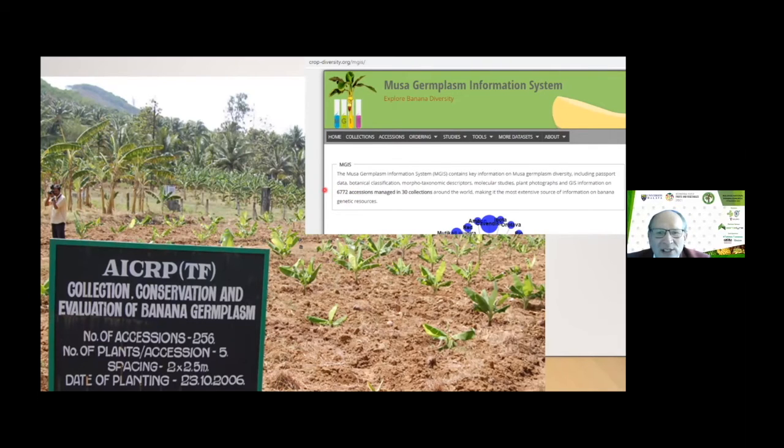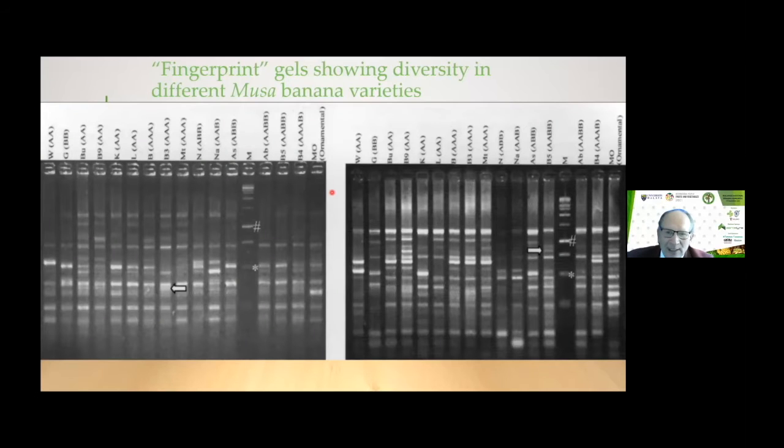So there really is quite a bit of variation within Musa, within banana itself, but actually there's even more, much more broadly. I showed an old picture here from Theo, now at University of Malaya, but it's so nice showing the variation between different bananas by the fingerprint much more graphically than a few A's and T's in a modern picture.